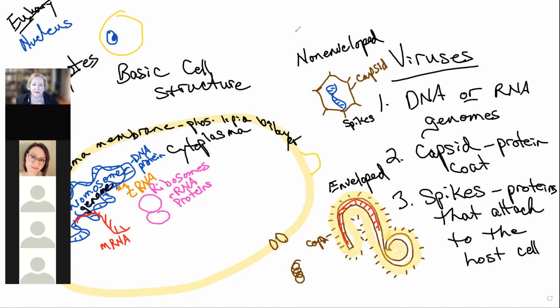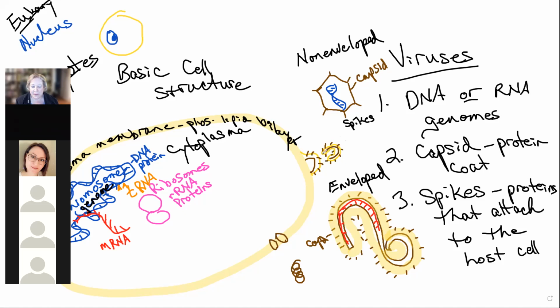As the virus is coming out with its capsid, they kind of pinch off, and when they do, they pinch off with a part of the host cell membrane that we call an envelope. Previous to this, the spikes were embedded in the host cell plasma membrane, and that's how the virus gets its spikes.